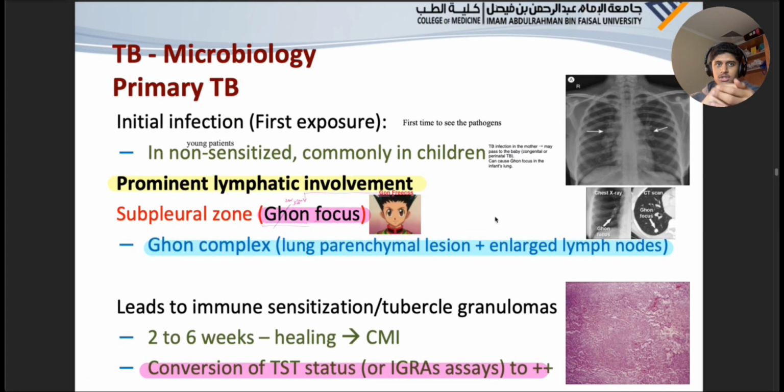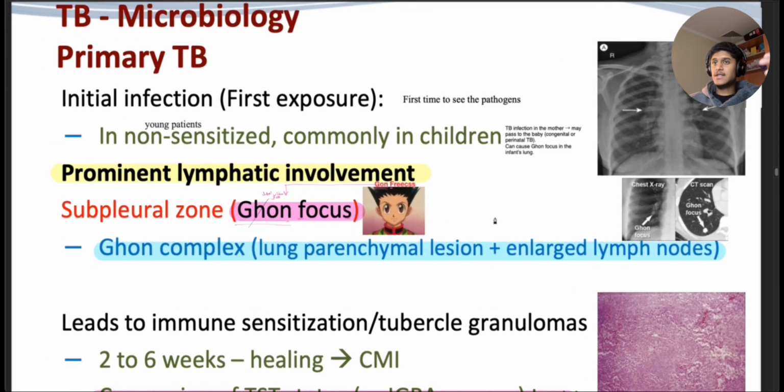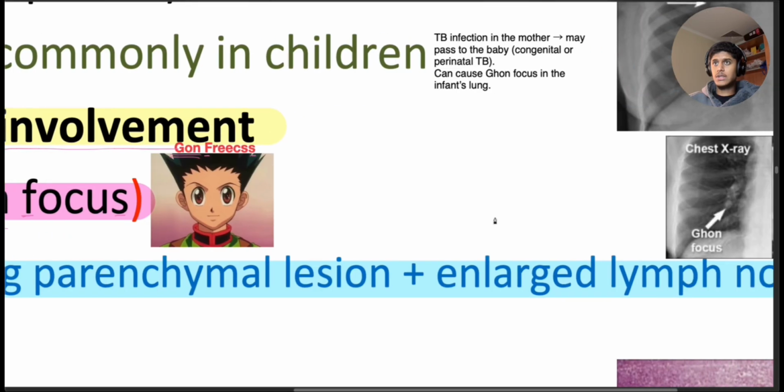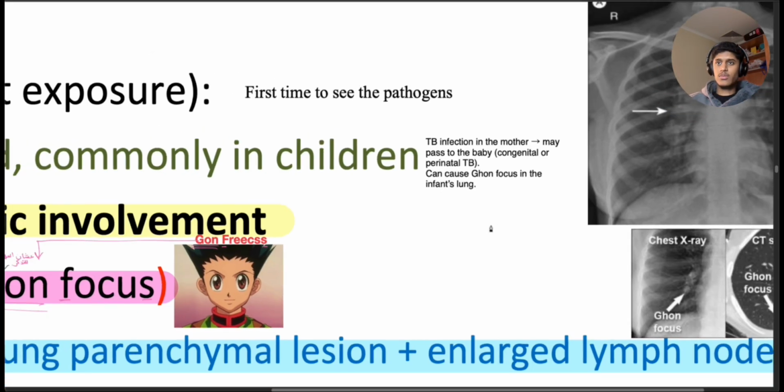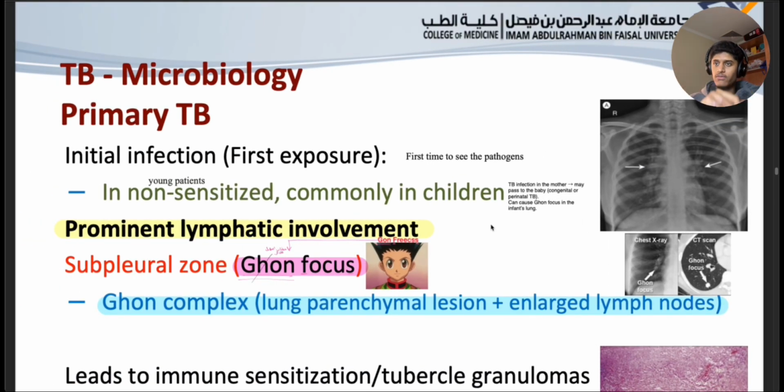The initial infection can come commonly in children, and even a prenatal or congenital TB from the mother, because the mother can pass this infection to the baby and cause a Ghon focus in the infant's lungs.